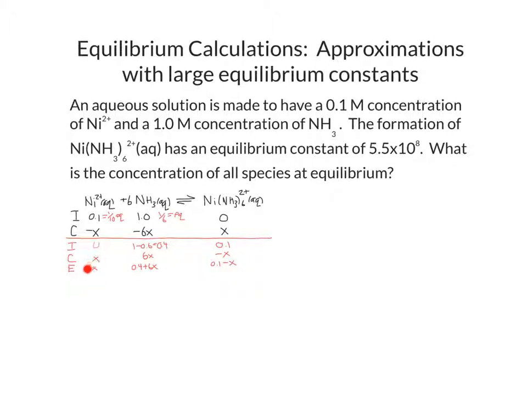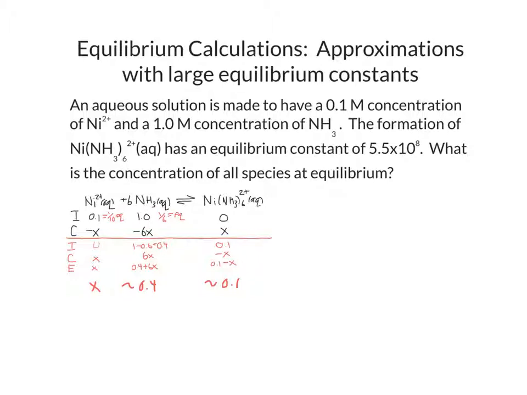So X is now a small number, and I can ignore X relative to 0.4 and X relative to 0.1. And so I can approximate my equilibrium concentrations as X, approximately 0.4 of the ammonia, and approximately 0.1 of the nickel amine complex. And this allows us to write a much simpler expression for our equilibrium constant.